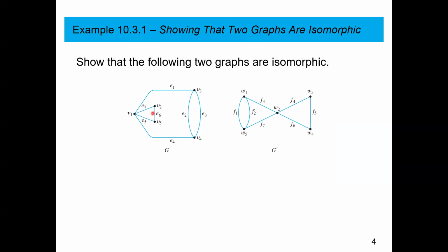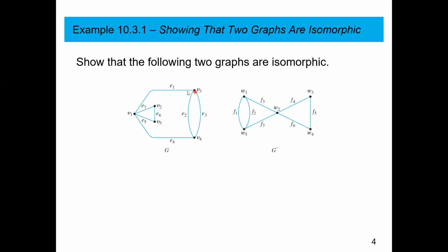Okay, so let's look at this. Can you show that these two graphs are actually isomorphic? In other words, we need to match every single vertex in G to G prime. That's what this little tick is; it's called G prime. So like V5 here, where does that match up?